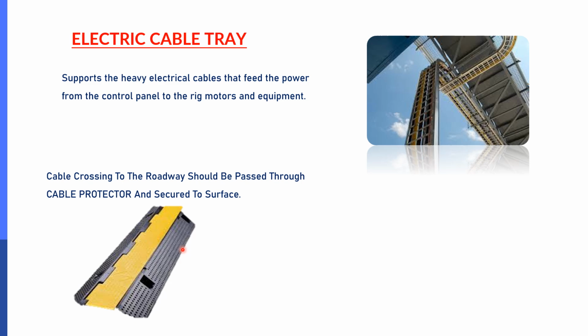Sometimes the rig vehicles, if it is an onshore rig, pass from there. Also in the rainy season, it can be an electrocution problem. That's why, to save the electrical cables when they are crossing a roadway, they should be protected by the cable protector and secured to the surface.